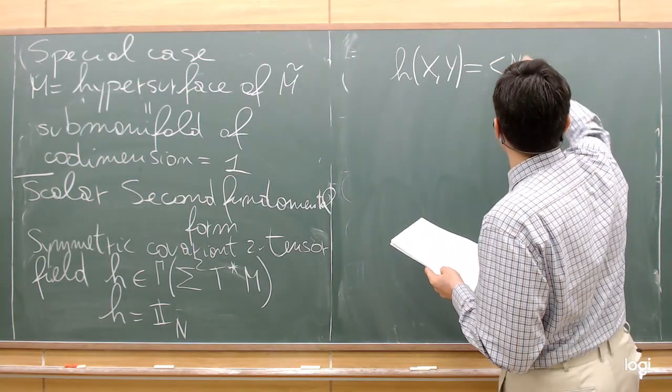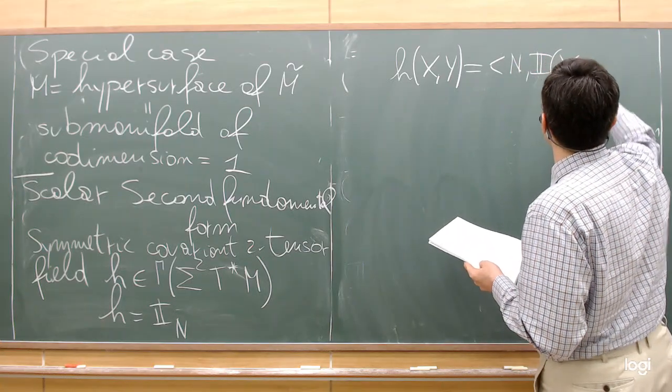This is the inner product of N with 2(X,Y).